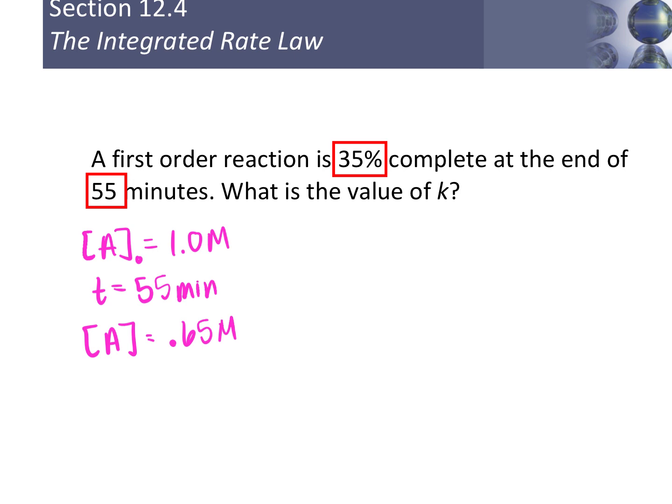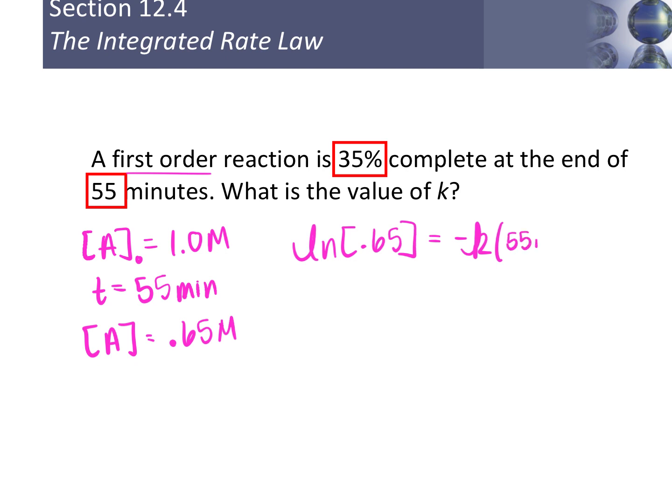And so now I'm going to look at the first order integrated rate law. Natural log of 0.65 equals, let me pull out my equation again, negative k times time. We're going to keep this one in minutes. So that's going to change our k unit at the very end. Okay, so we're just going to keep it in minutes.